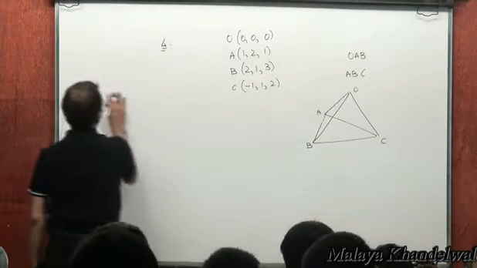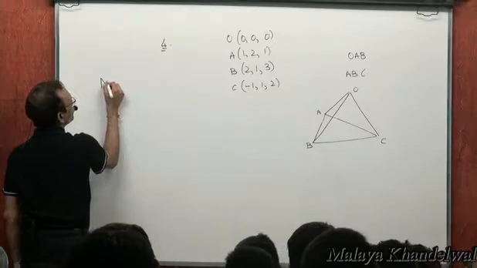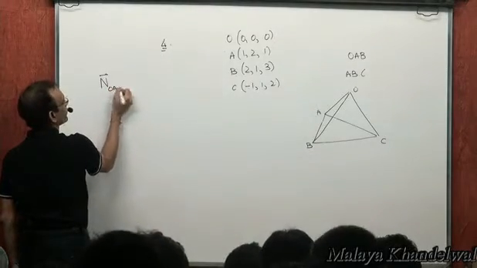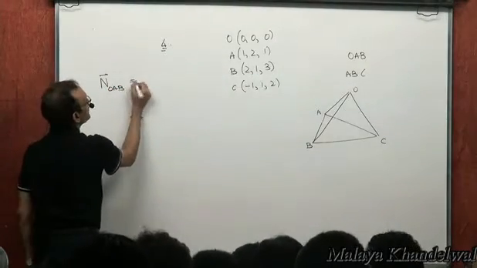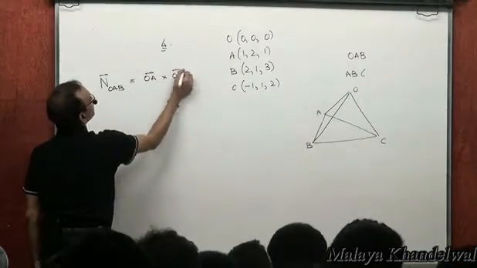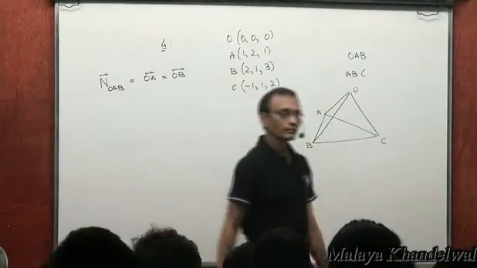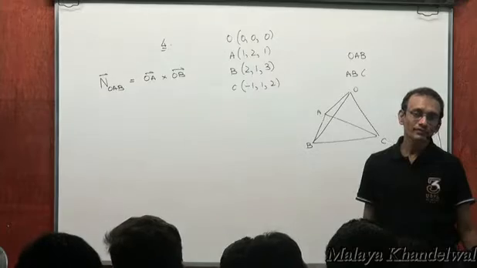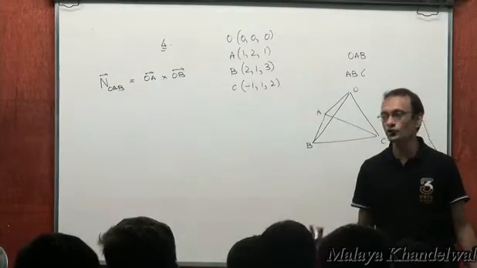Now, can I say that a normal to OAB must be like OA cross OB? OA cross OB will be normal to OAB?